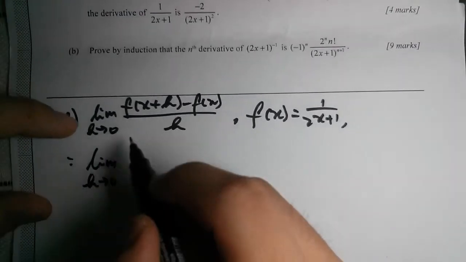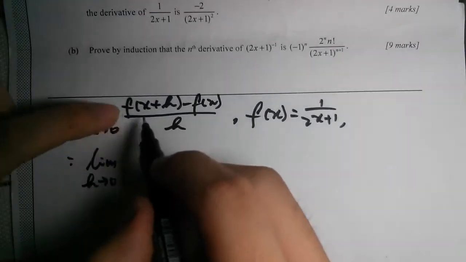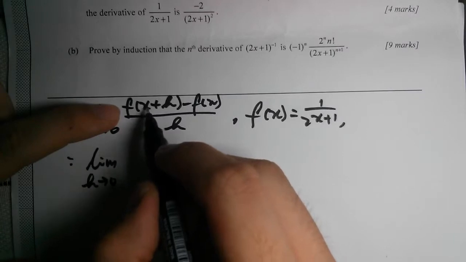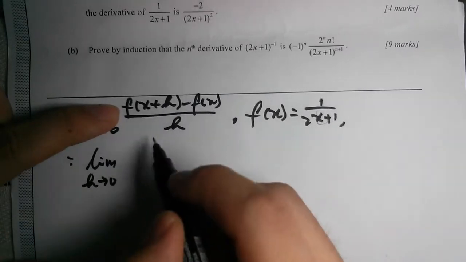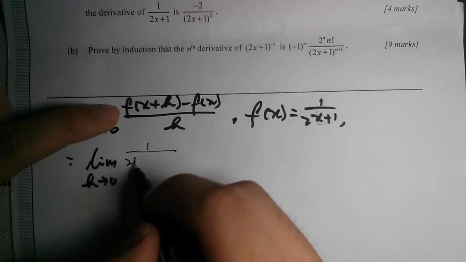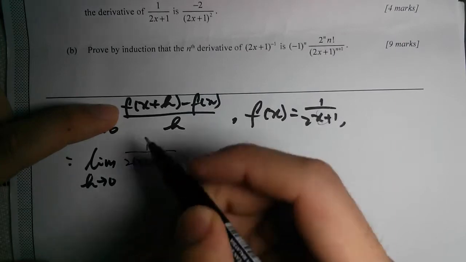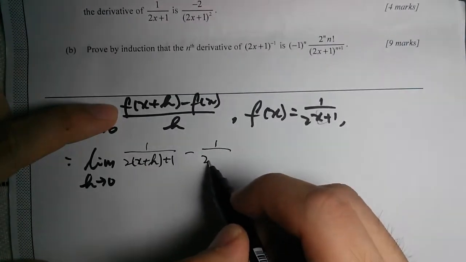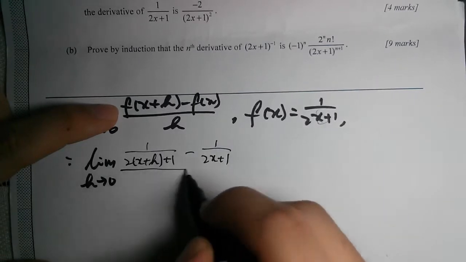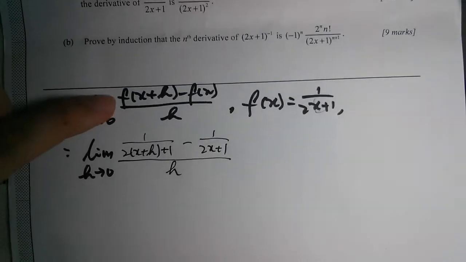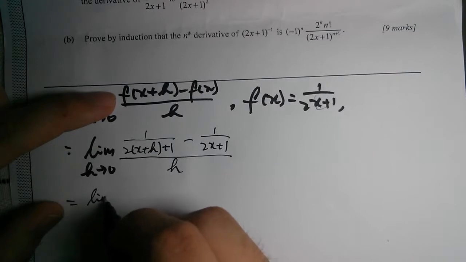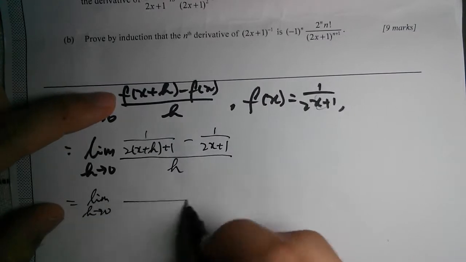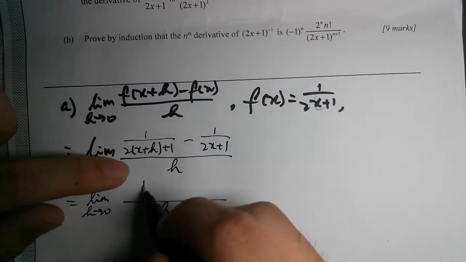The marker is running out of ink, sorry for that. So this is basically a composite function. We plug x plus h inside here. It's 1 over 2(x plus h) plus 1, minus f(x), over h. You can see that the stuff has started to get a little bit complicated.